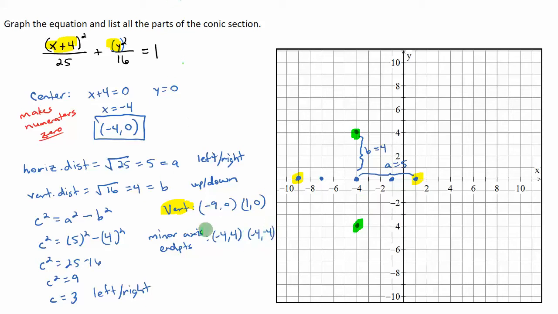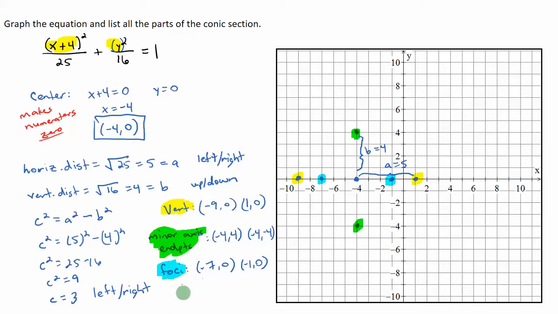Okay? And these guys right here are my foci. Those are my C distance from my center. So the one on the left is -7, 0. And the one on the right is -1, 0. Okay?